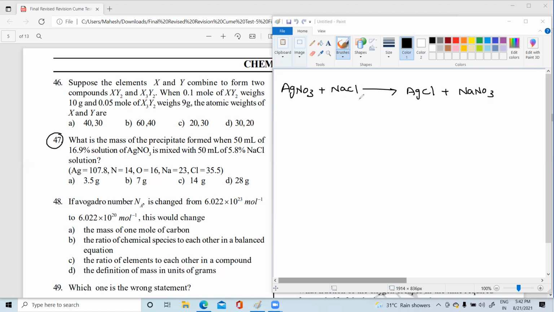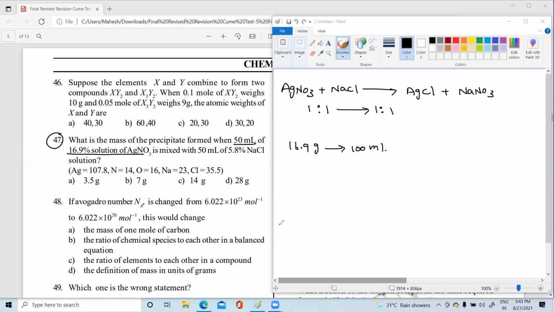So according to this equation, it is a 1:1 ratio. According to this balanced equation, we'll check how many moles, how many grams are reacting together. A 16.9% solution of AgNO3 means 16.9 grams in 100 ml of solution, right?